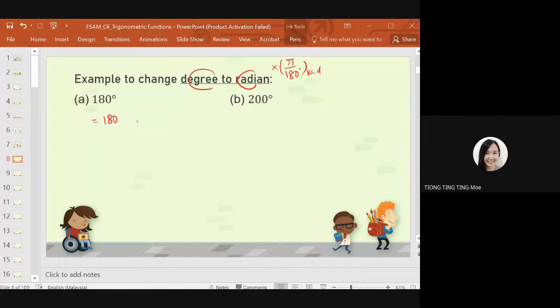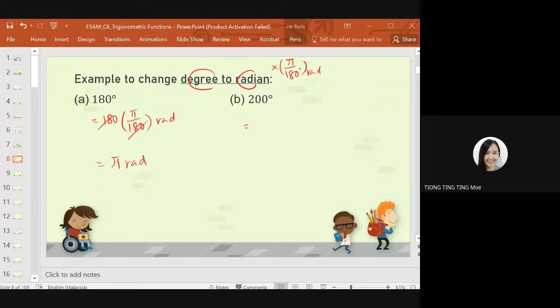Multiply 180 with pi over 180 radian. So it's pi radian. Leave it in pi. No need to change to 3.142 or anything. If the question doesn't ask, just leave it in pi.